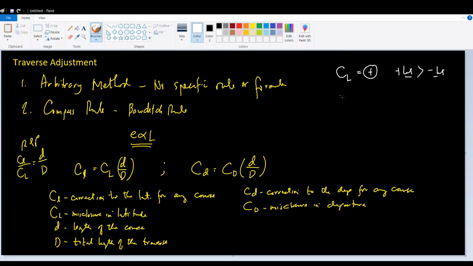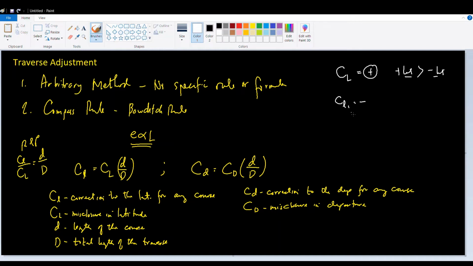So the correction, say C sub l1, will be opposite to the sign of the misclosure in latitude. In that way, positive latitudes will diminish in value, while negative latitudes will increase negatively.